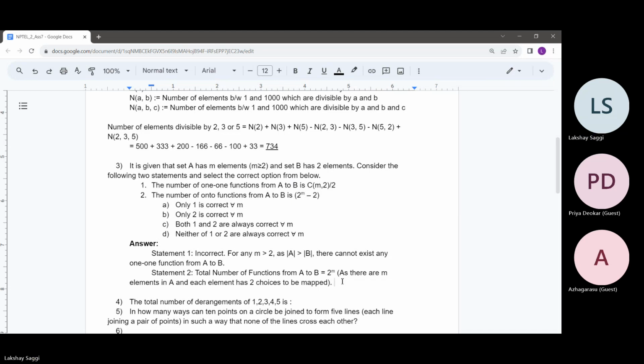What I tried to explain in the starting was that to find the number of onto functions from A to B, we find the total functions and then subtract the number of non-onto functions. Here the total number of functions I found is 2 raised to the power m. And out of these 2 raised to the power m functions, how many will not be onto?